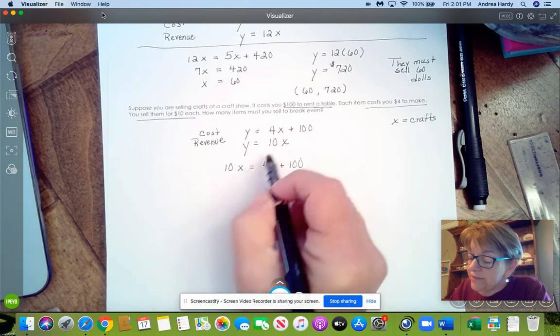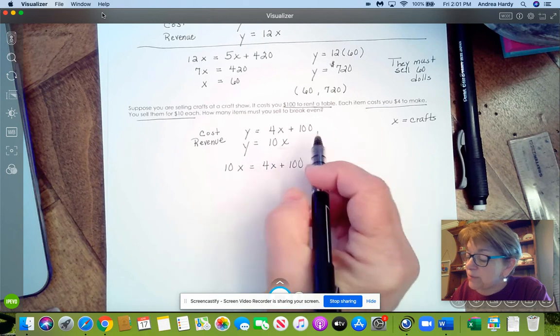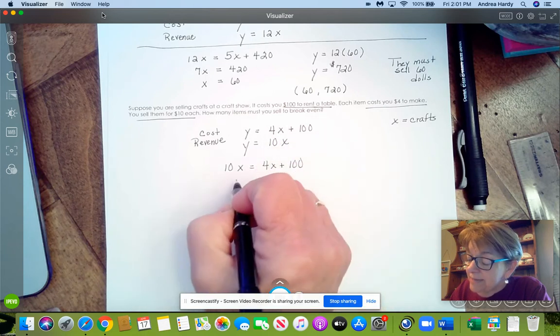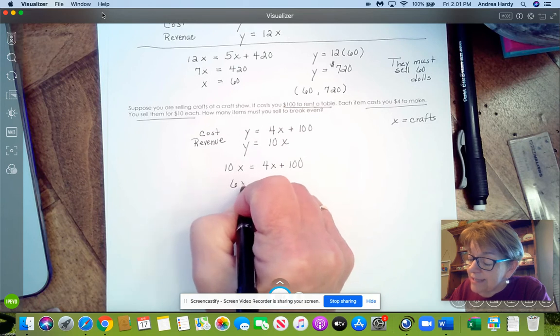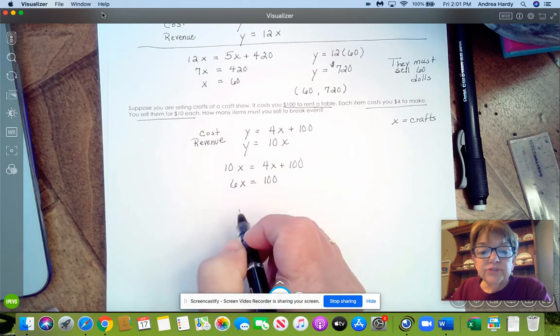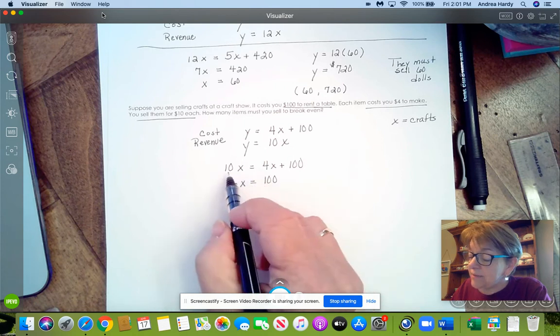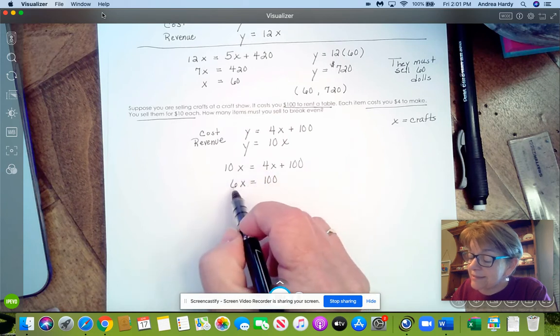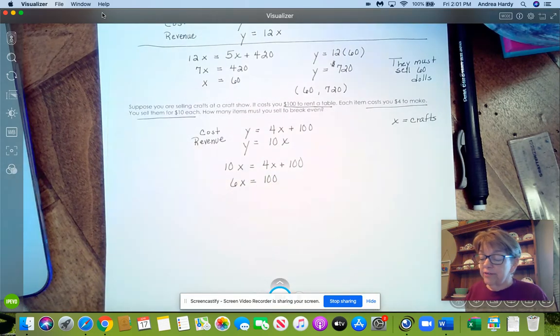My revenue, 10x, is equal to my cost, 4x plus 100. I'm going to subtract 4x from both sides. So when I subtract 4x, 10x minus 4x, 6x is equal to 100.